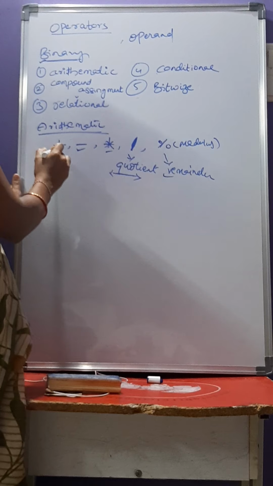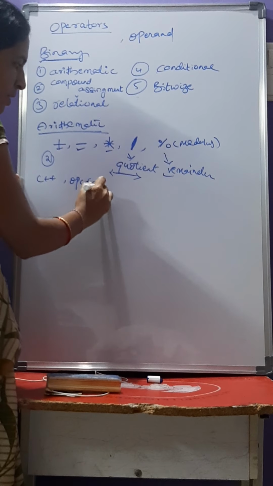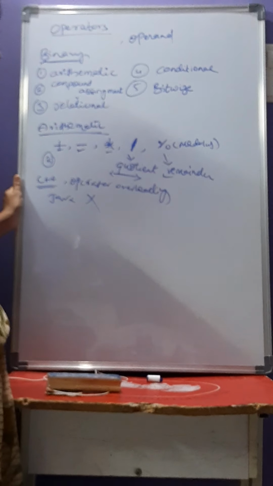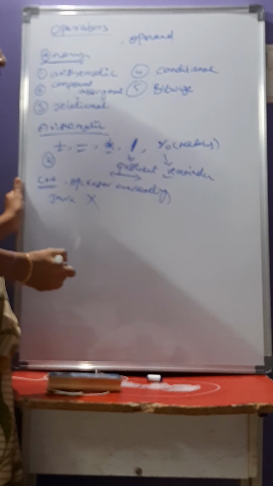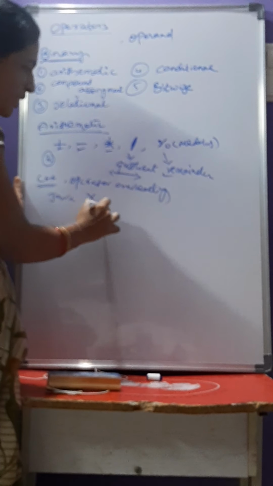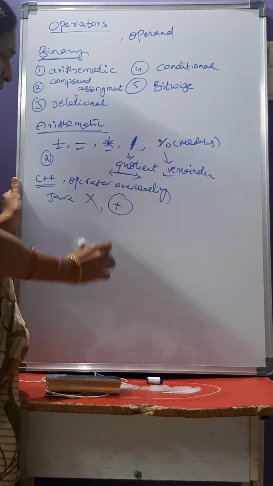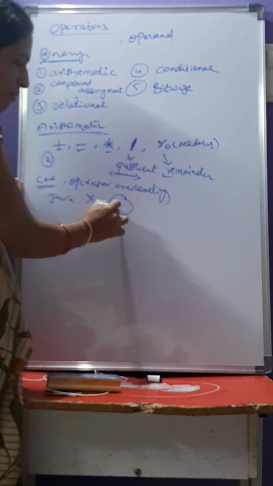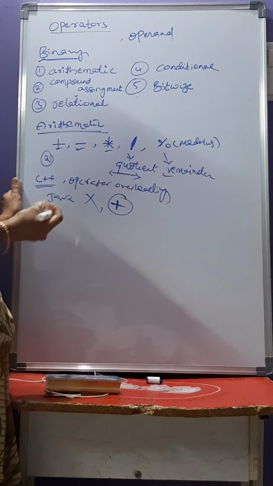In C++ we have the operator overloading concept, whereas in Java there is no operator overloading concept. But some of the operators behave as if they perform operator overloading. For that we take the plus operator. It provides some operator overloading, that means one operator can do many things, and its behavior changes based on its operand values.